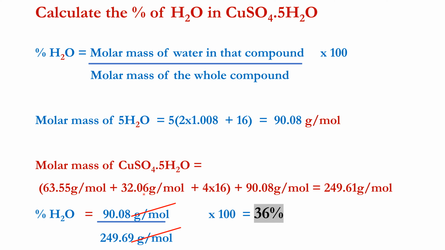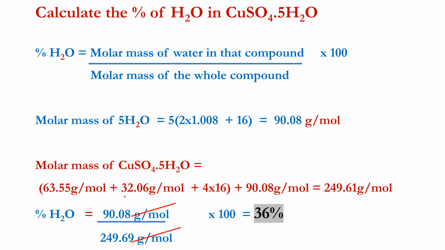This is the molecular weight for sulfur, which you find in the periodic table, plus 4 multiplied by 16. 16 is the molecular weight for oxygen, which you find from the periodic table, 4, because there are 4 oxygen atoms, plus 90.08 gram per mole, which we calculated for 5 water molecules.